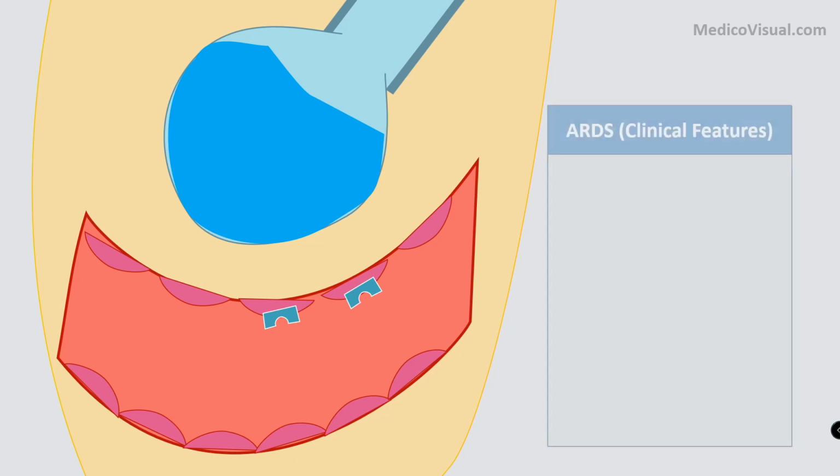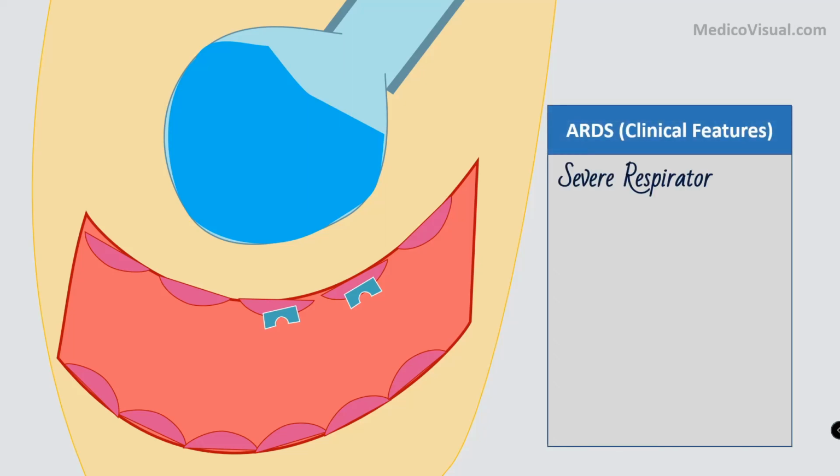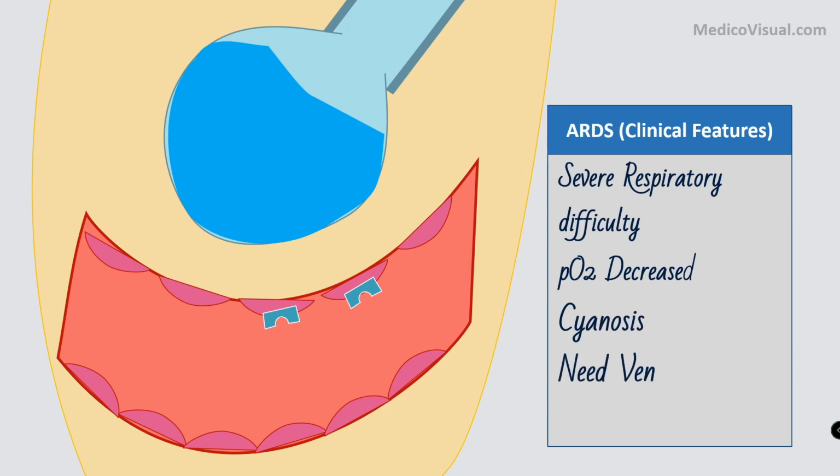So what will be the clinical features? There will be severe difficulty in breathing. Partial pressure of oxygen will be decreased because gaseous exchange suffers. Cyanosis may develop, and the patient would need ventilatory support.